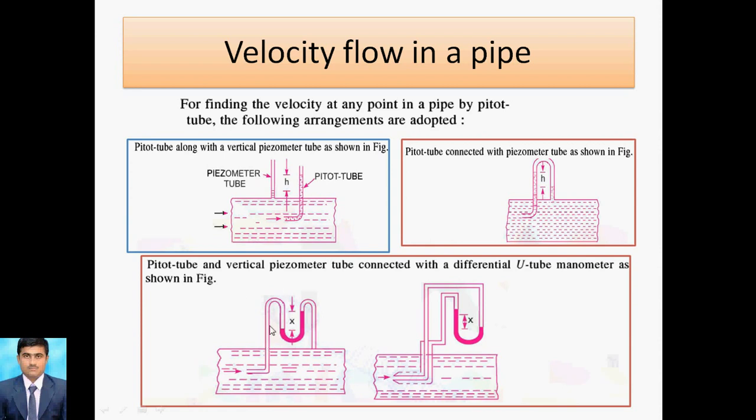Otherwise we can attach a spiral shape, or a W shape, for a differential manometer. The differential manometer has mercury here, and a second liquid, water. After that we can get the value of x, and then we can get the value of velocity of flow. So these are the different arrangements made with the help of the pitot tube.